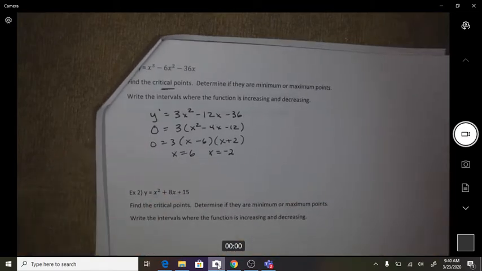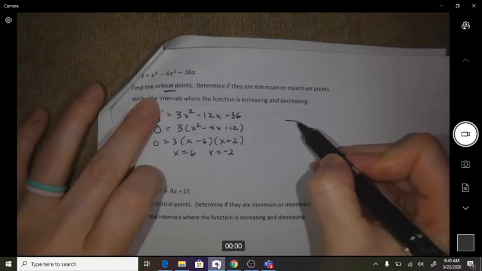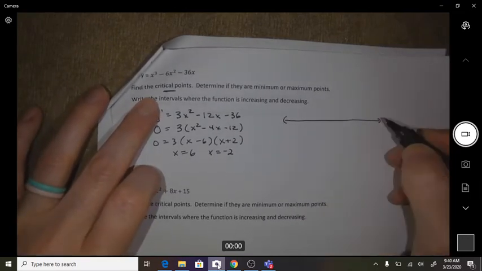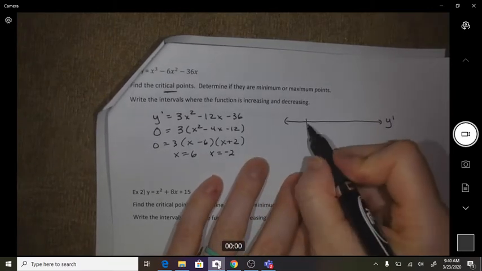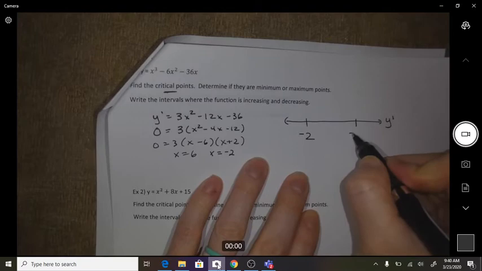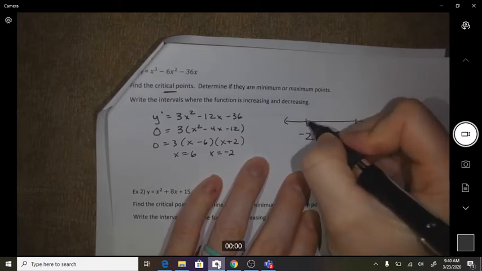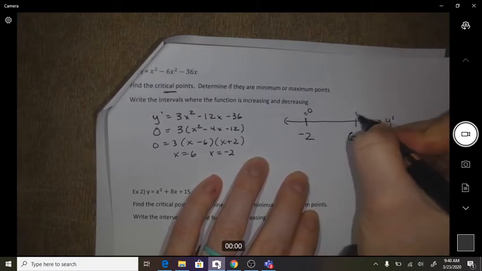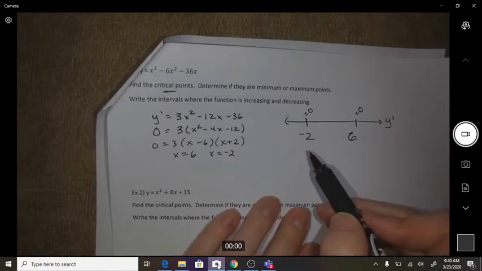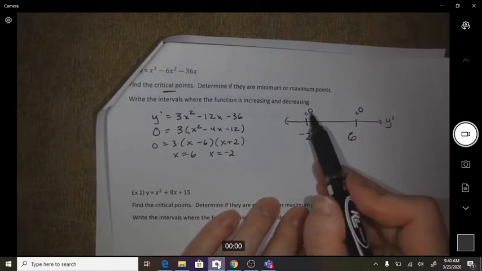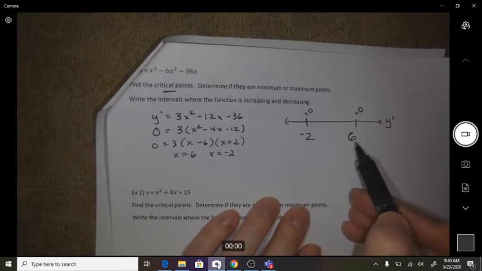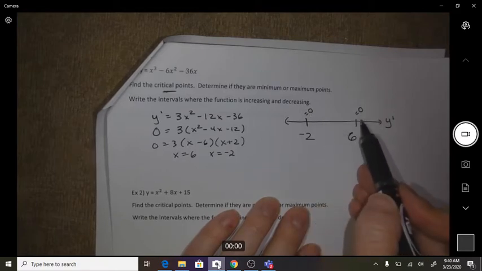Okay, so I'm going to now draw a number line, and I'm going to analyze y prime. Okay, so I know at an x value of negative 2, y prime is 0. At an x value of 6, y prime is also 0.